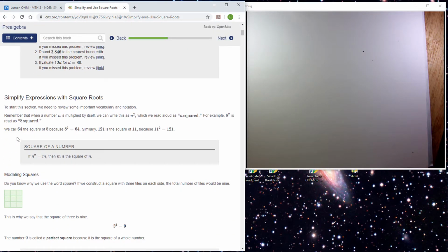So the first thing they look at here, they want you to have the idea of what is the square of a number. The square of a number is simply the result of the same number being multiplied by itself.